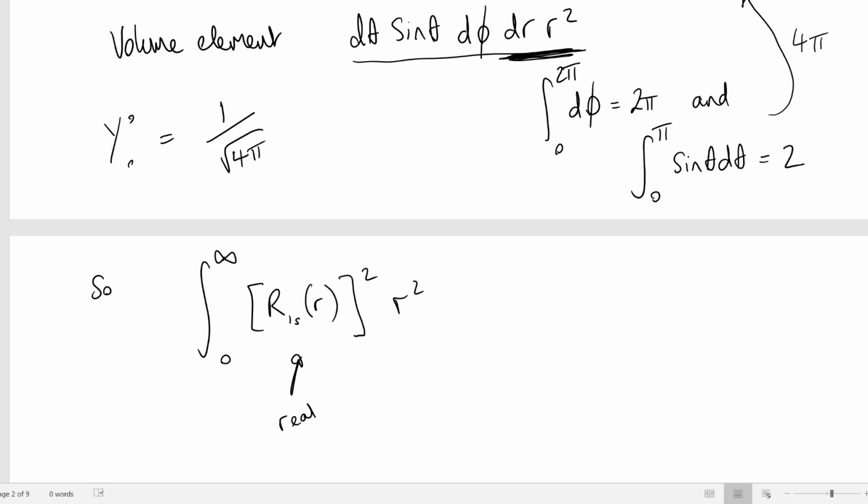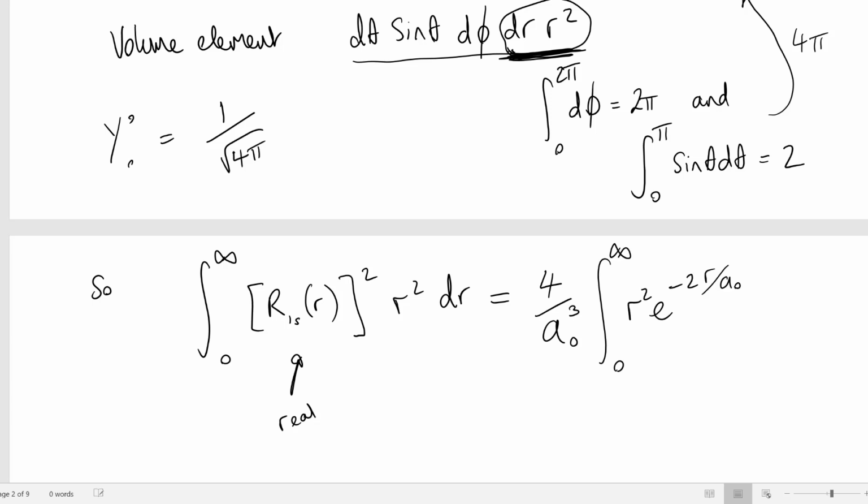And now we've got the r squared dr term in here, and that's the probability. If we consider the limits from 0 to infinity, that's over all space. Of course, we know that must be equal to 1. So by the time we consider the substitution, we plug in our function for this 1s orbital. We can normalize this, of course, so we end up with the 1 term in here.